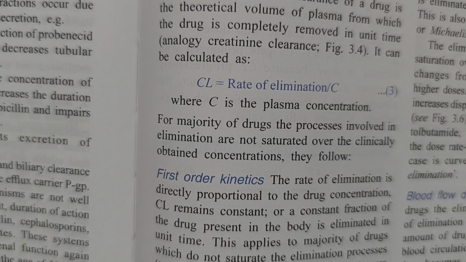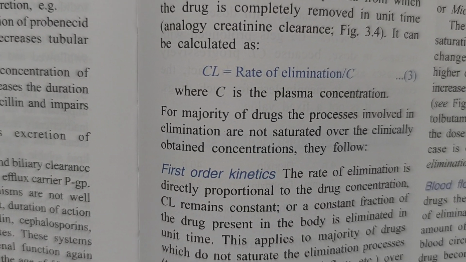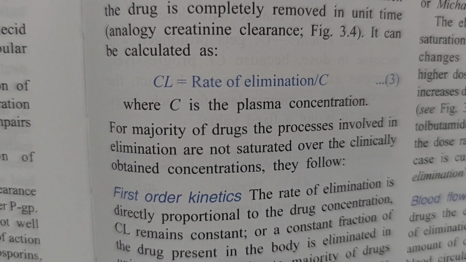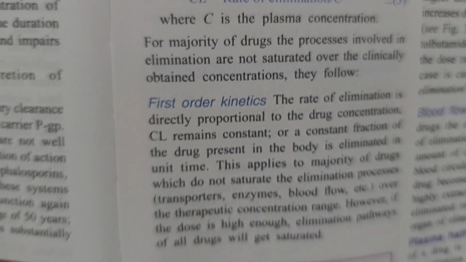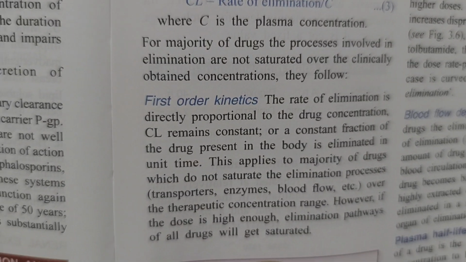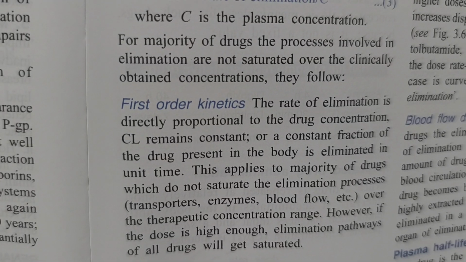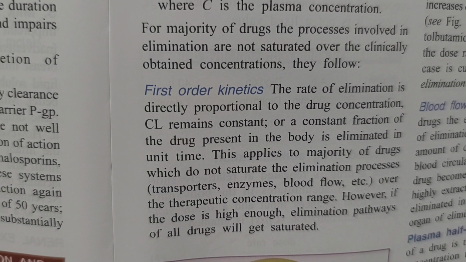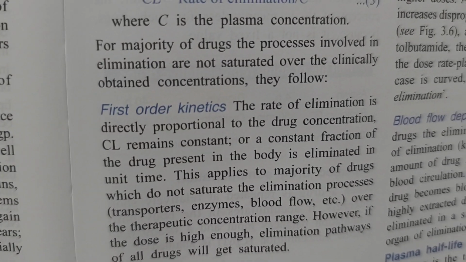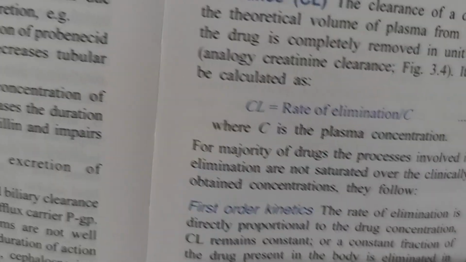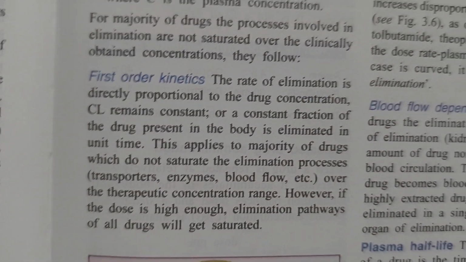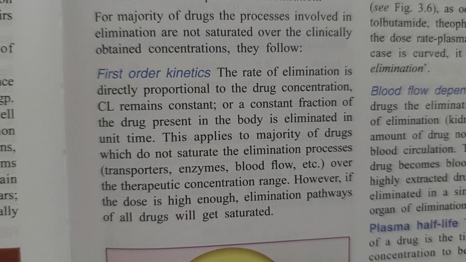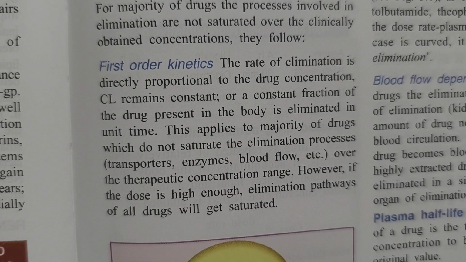It can be calculated. Clearance is equal to rate of elimination divided by C, where C is the plasma concentration. For the majority of the drugs, the processes involved in the elimination are not saturated over the clinically obtained concentration. They follow first order kinetics. The rate of elimination is directly proportional to the drug concentration.